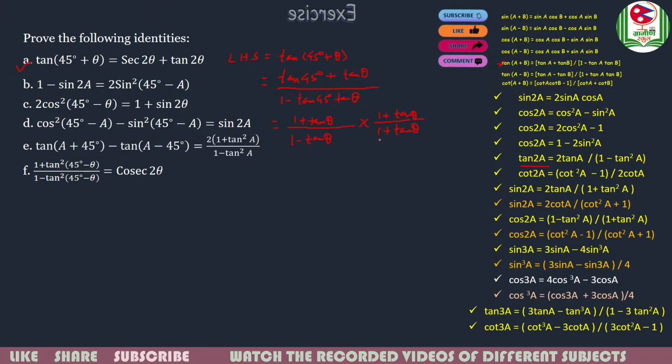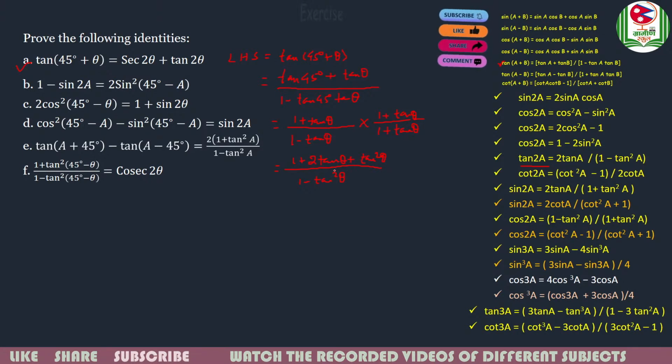The upper one will be (1 + tan θ) whole square, that is 1 plus 2 tan θ plus tan squared θ, and the denominator is 1 minus tan squared θ.